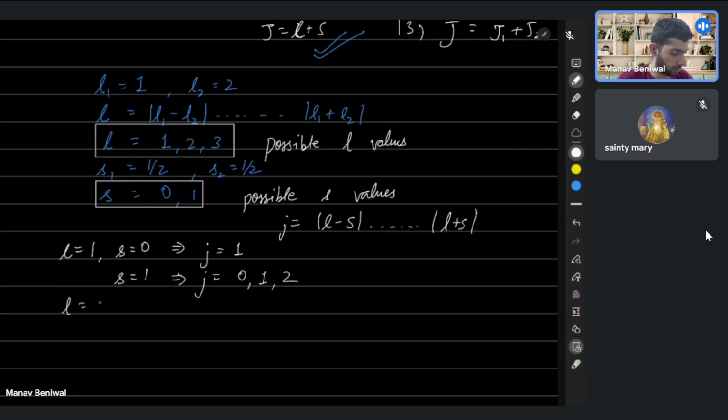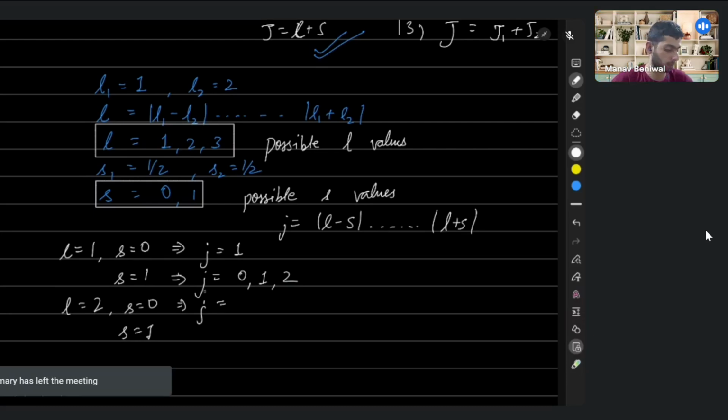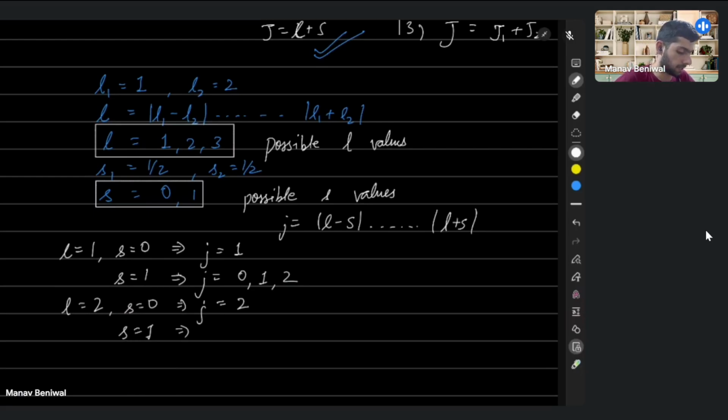Now when L is 2 and S is 0, L minus S is 2 and L plus S is also 2, so it will have only one value. But when S is 1, L minus S is 1, so J will have 1, 2, 3.